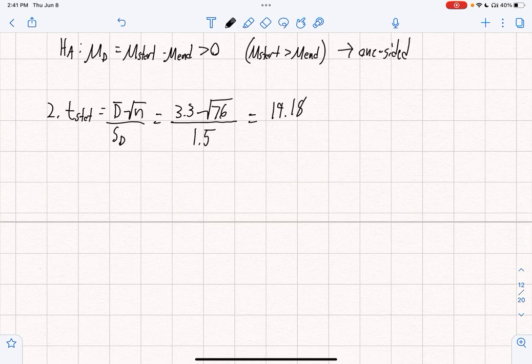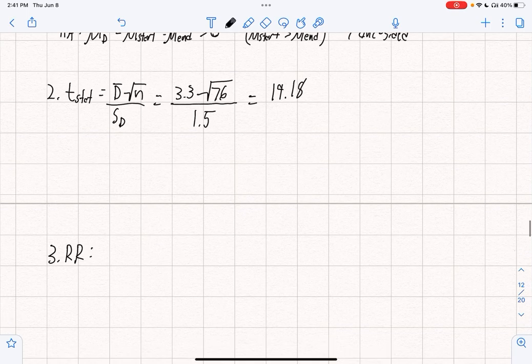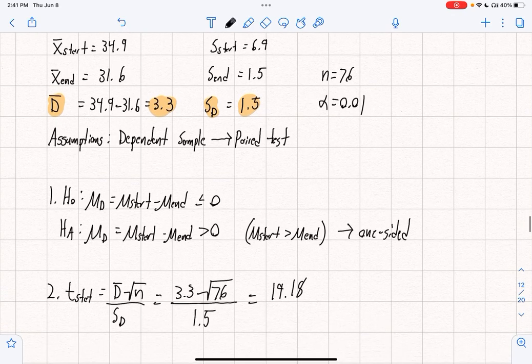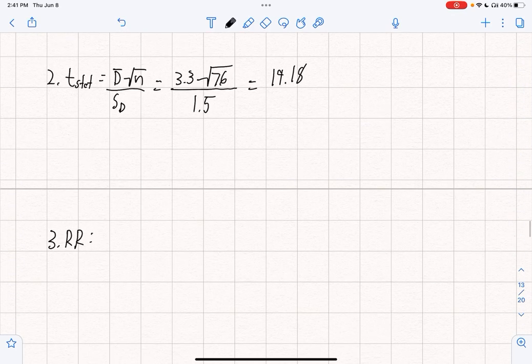So let's do our rejection region. This is one-sided, greater than, and because our alternative hypothesis is greater than, that means our rejection region will be greater than a positive value.